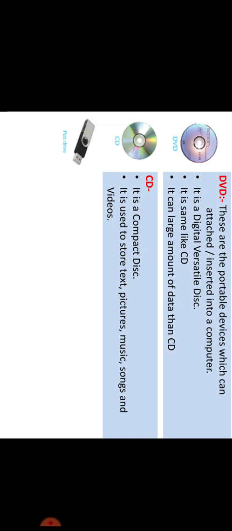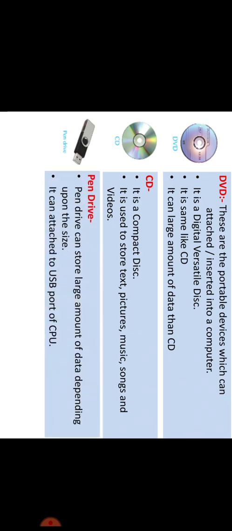Now next is pen drive. What is the use of a pen drive? A pen drive can store a large amount of data depending upon the size. Pen drives have different sizes of storage. So a pen drive can store a large amount of data.